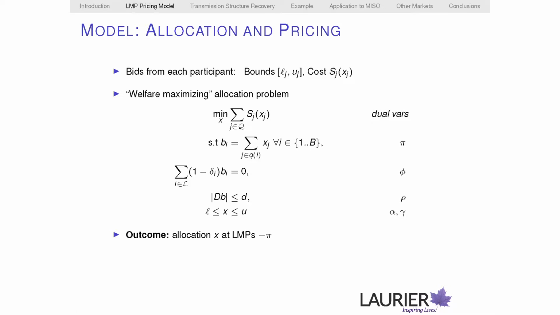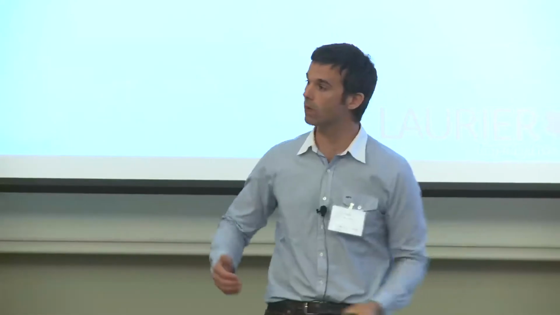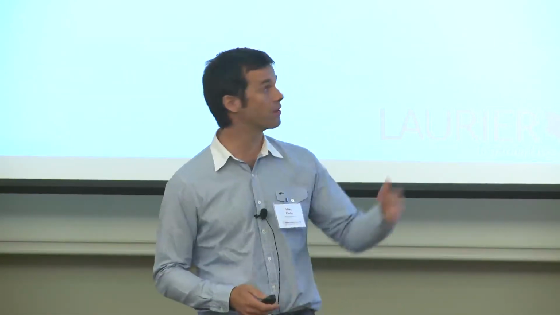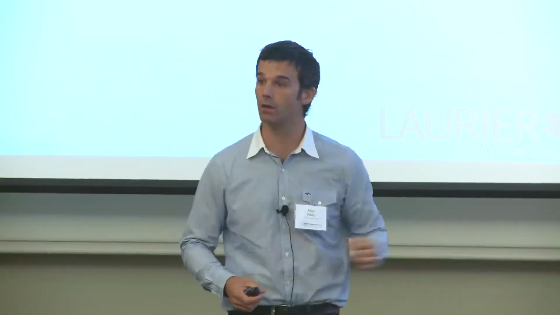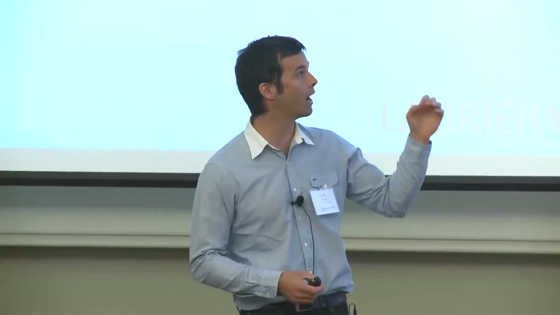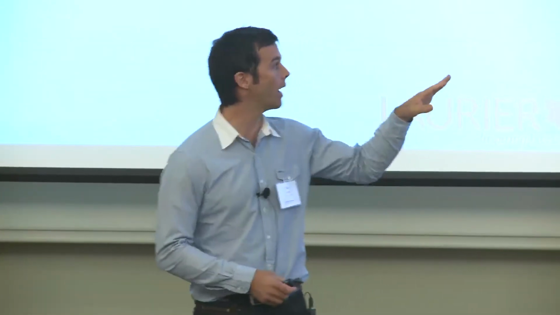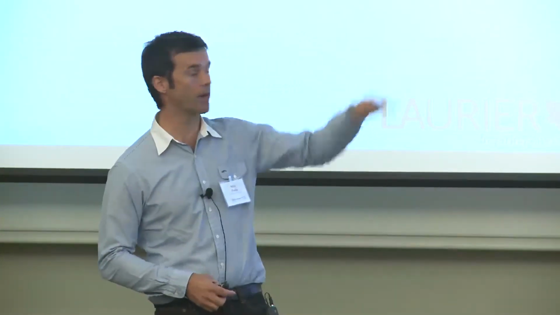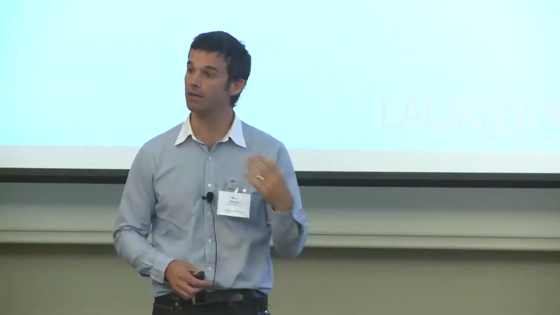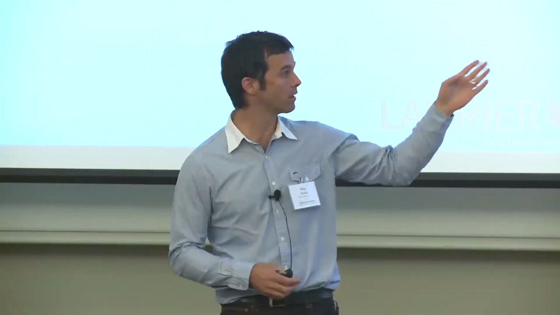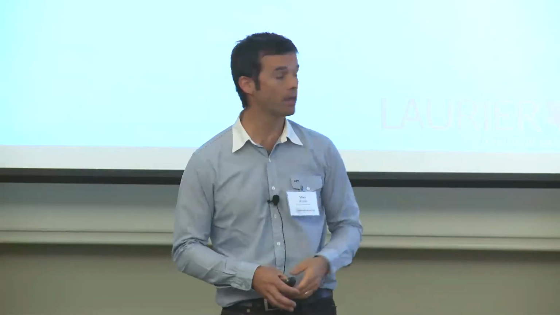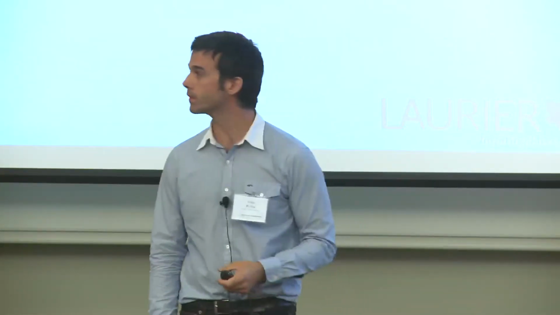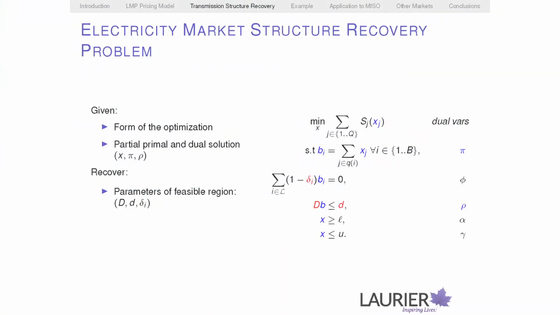This optimization problem is solved over a large network; in MISO, it would be on the order of 700 locations. And then they're given the optimal allocation from that program, and paid at those prices, negative pi. Okay, so that's our pricing mechanism.